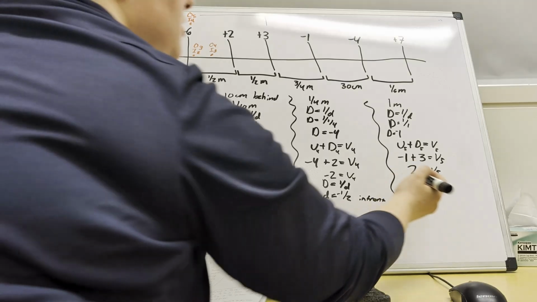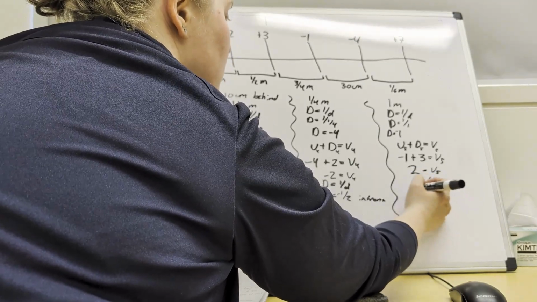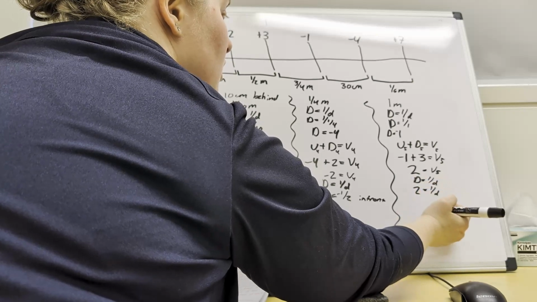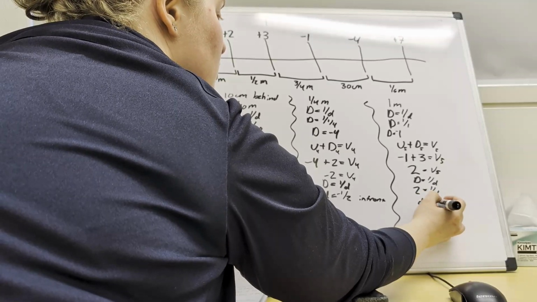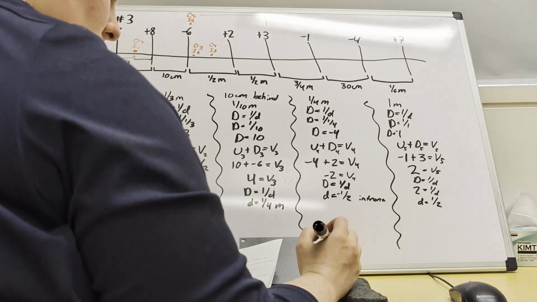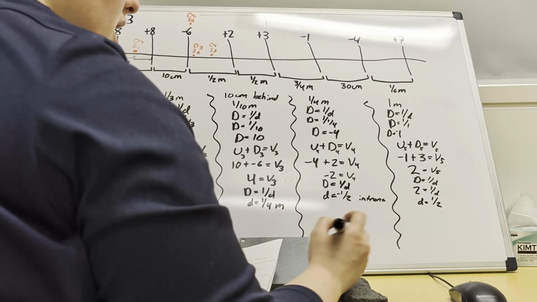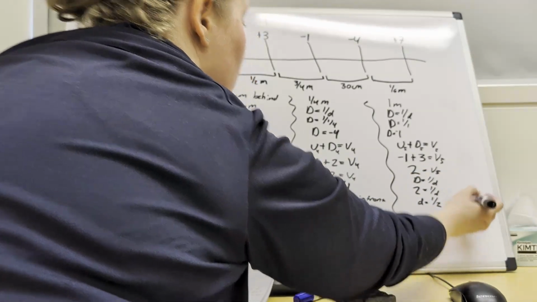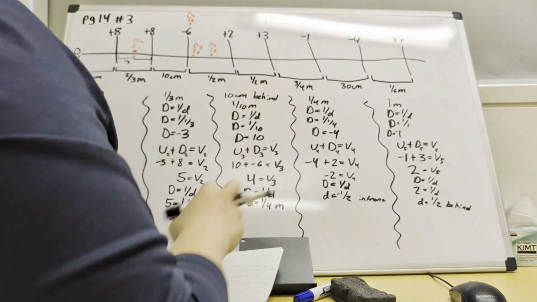Then we have to go back into diopters equals 1 over distance. 2 equals 1 over d. Little d equals 1/2. It is going to be positive, so it's going to be behind. So 1/2 behind this lens.